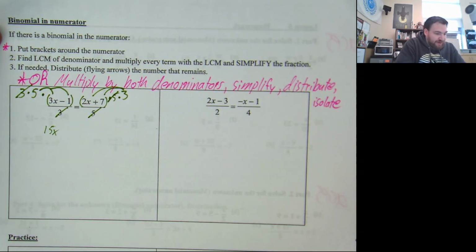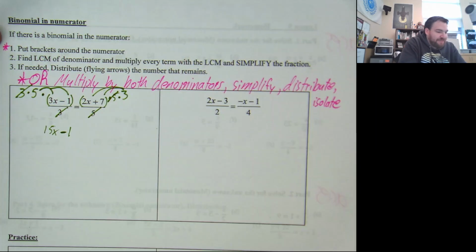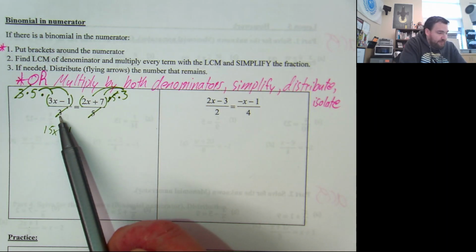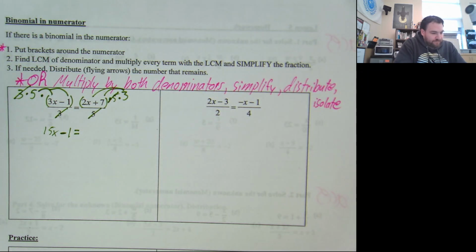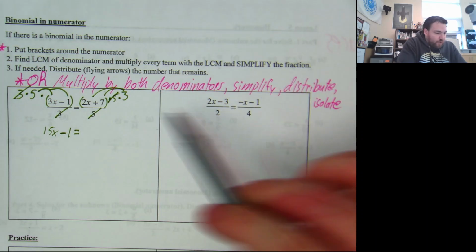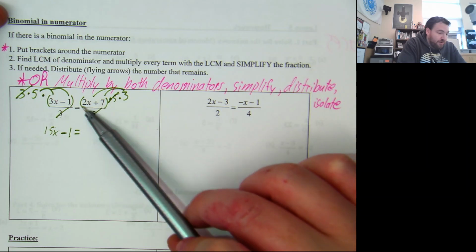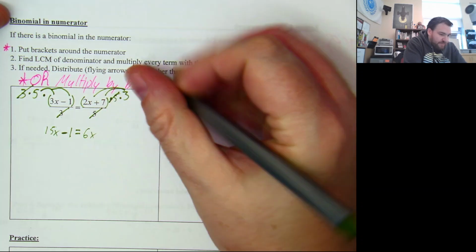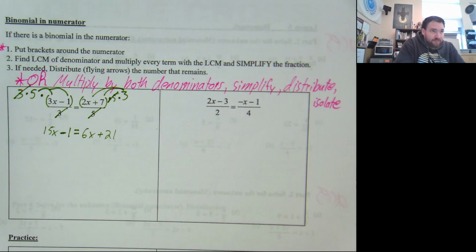The x comes along for the ride. 5 times negative 1 is negative 1. And that's all that's left because I canceled away my denominator already. Over here, I'm going to distribute this 3 that didn't get canceled into this thing. So 3 times 2x is 6x. 3 times positive 7 is positive 21.